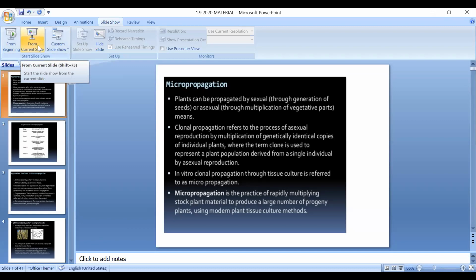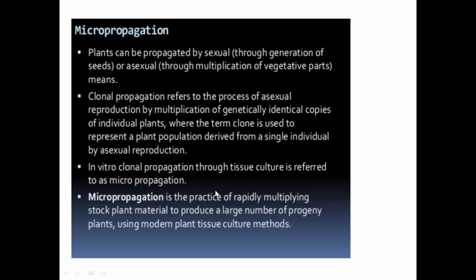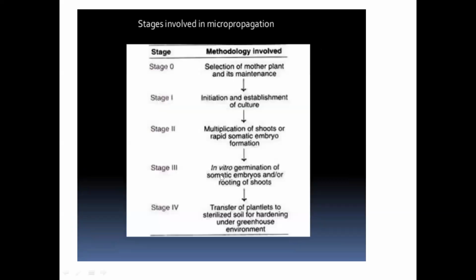Okay. So this is what I was telling you about, what we had seen in the last class about micropropagation. This is the simple flow chart where you select the mother plant and then the actual process of micropropagation, which involves initiation and establishment, multiplication, and then hardening. Here you have a separate phase called organogenesis or embryogenesis.